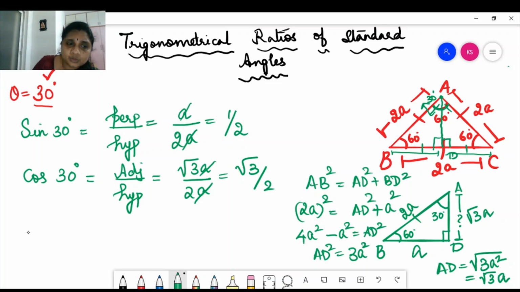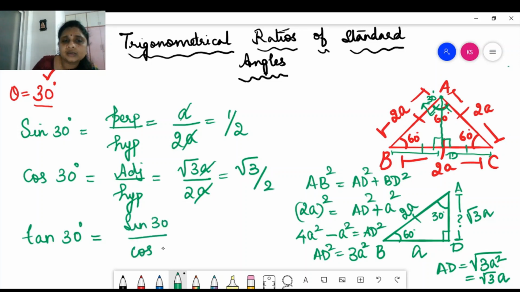Now let's move on to tan 30. Tan 30 value is sine 30 by cos 30. Right? So that's going to be 1 by 2 divided by root 3 by 2. So how do you divide two fractions? You multiply the fraction in the numerator by the reciprocal of the denominator, meaning you make it upside down, bringing the denominator to the numerator and the numerator to the denominator.